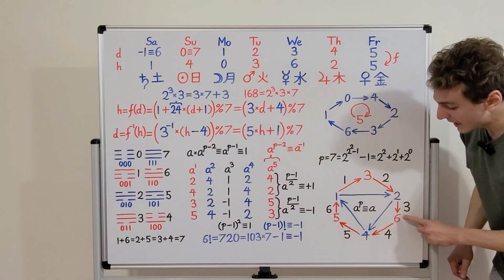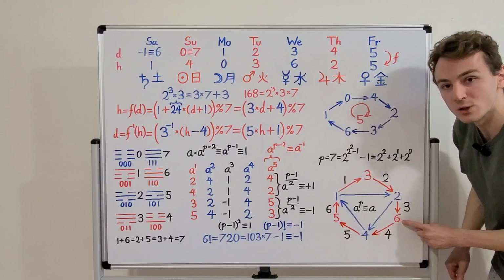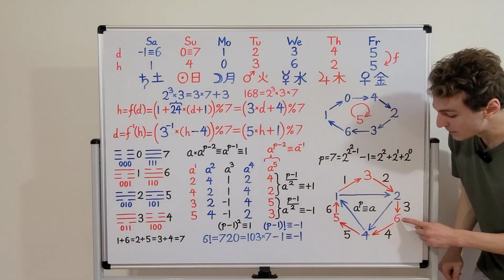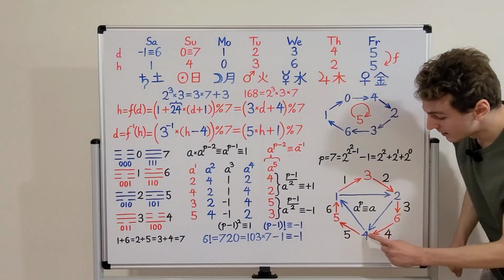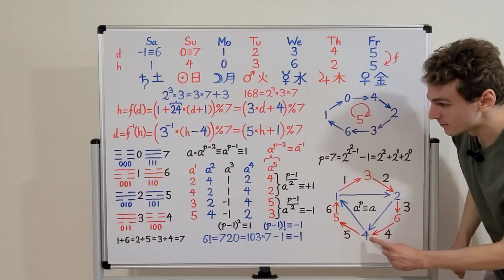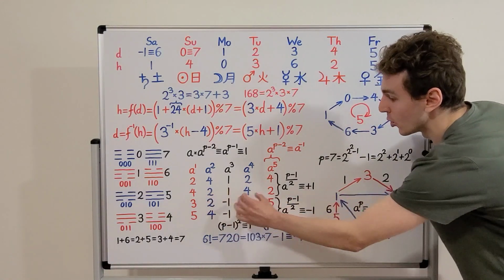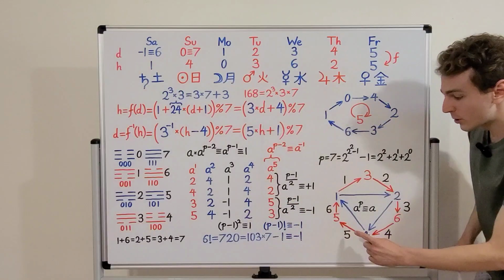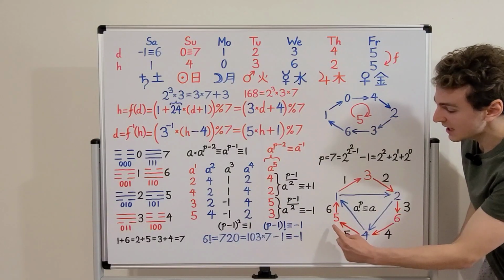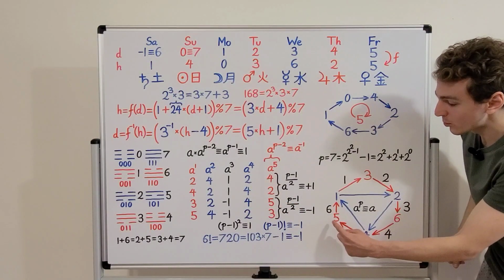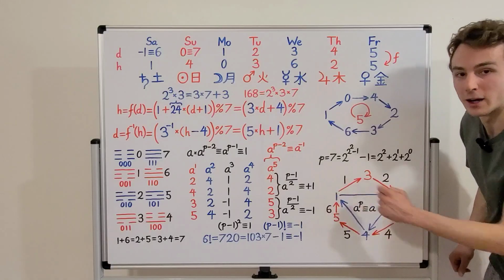If we multiply by 3 again, then we have 6, which is congruent to -1. If we multiply by 3 again, that gives us this value 4. Now you can see that these are the same values that we saw in this column over here. So we have 4, and then we're going to get 5 over here. And after we multiply by 3, 6 times, we're back to 1.